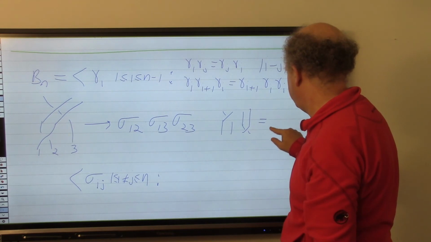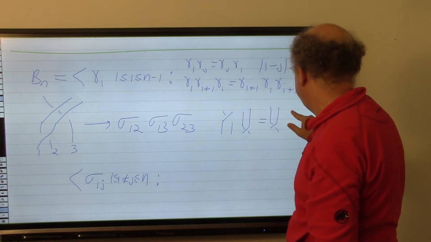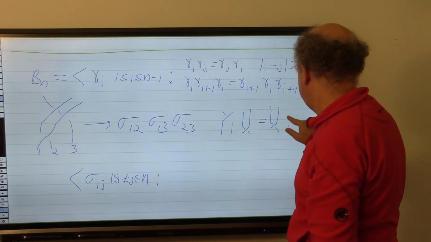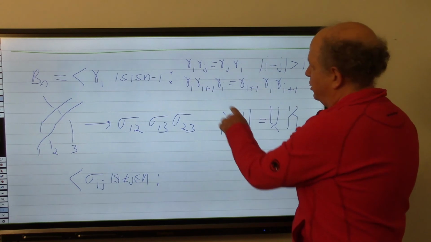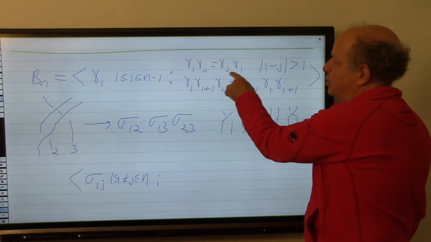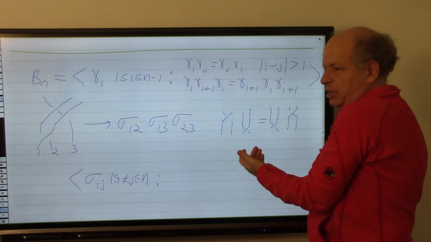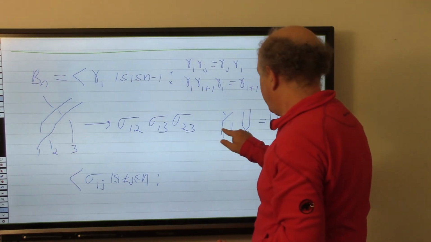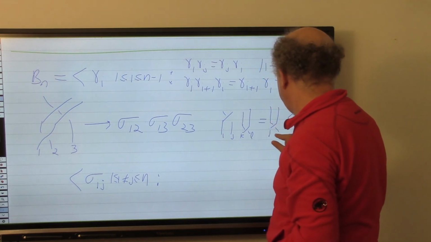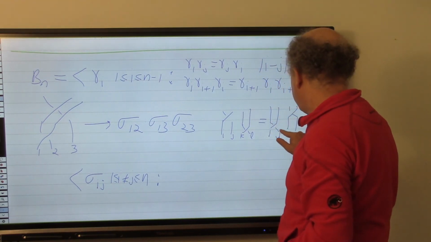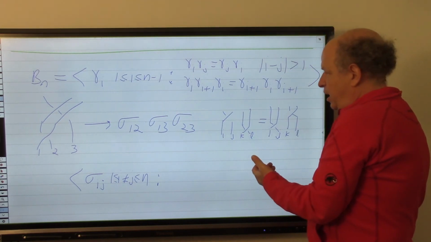In the old presentation, this was gamma I gamma j is equal to gamma j gamma I. In the new presentation, I will say there are 4 strands here, i, j, k, and l. Also here, i, j, k, and l.